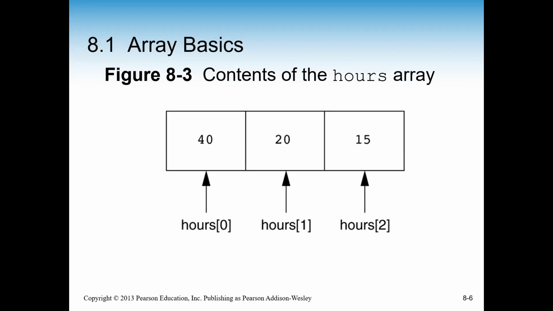So here we have, for instance, an hours array, and on index 0, we have the value 40. So that's like a train, where train car 0 has inside the value 40 or 20 or 1, depending on the index.